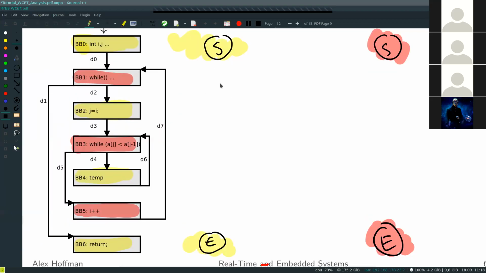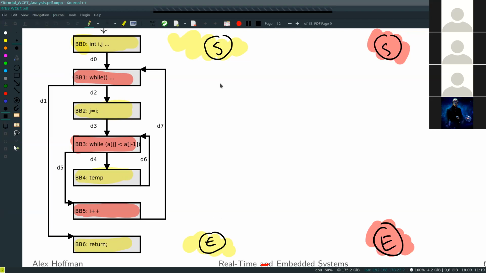It's like drawing the control flow graph again, but only focusing on the yellow basic blocks, because they are the ones in the yellow cache line's graph.